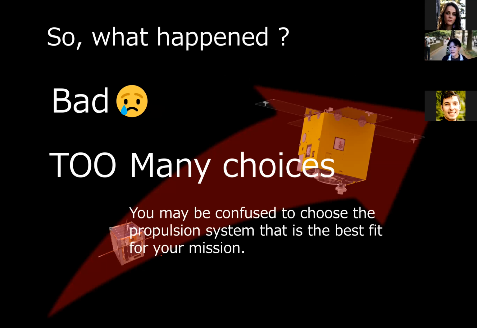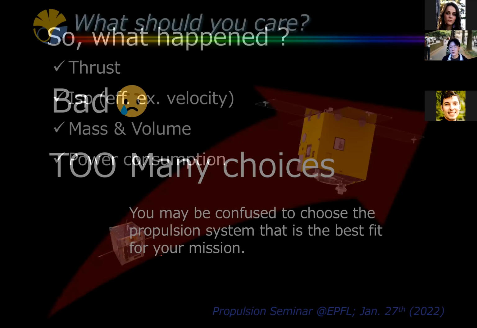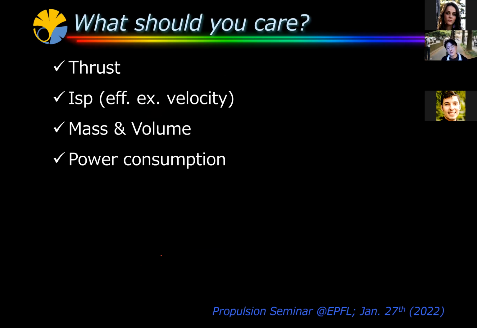So from now, I want to talk about some parameters you have to pay attention to. When you try to select a micropropulsion system, you may consider these kinds of parameters: thrust, ISP, size, mass and volume, and power consumption.